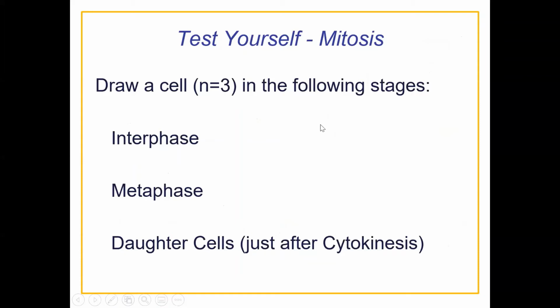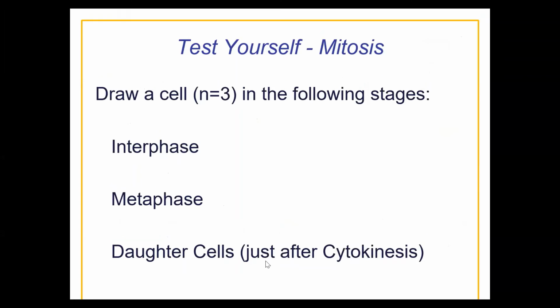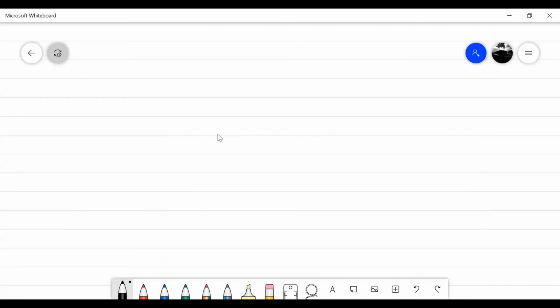I'm hoping I have enough room on the screen, but maybe I don't, so I will switch to a whiteboard to do this question and show you what is going on. Let me just switch to the whiteboard for you. There we go. So we're talking about mitosis, right? It told you that you have a cell of n equals 3.